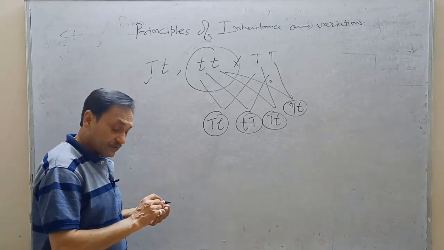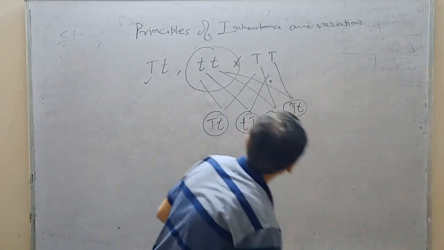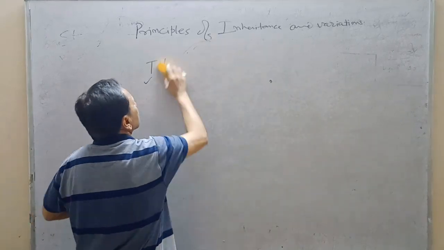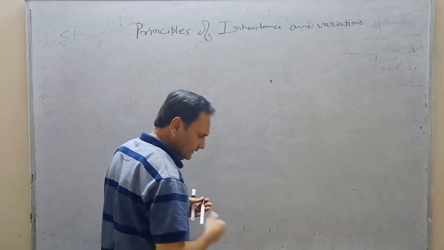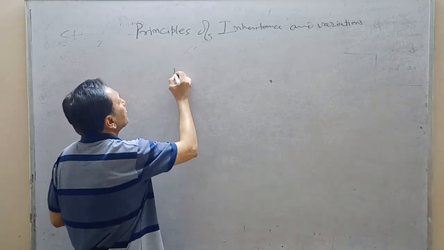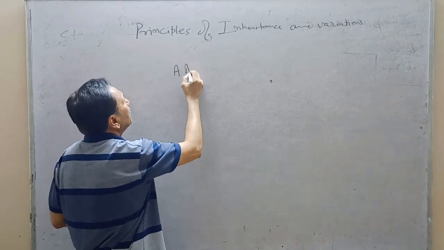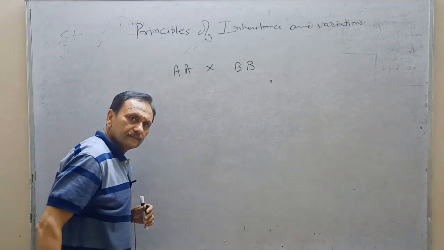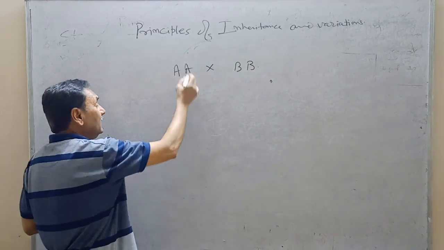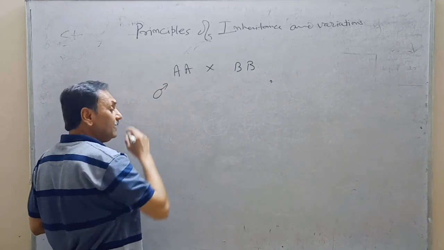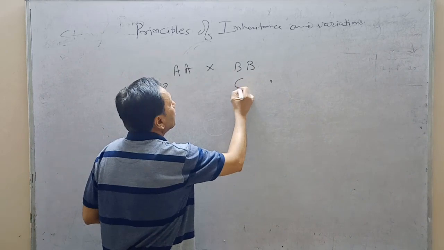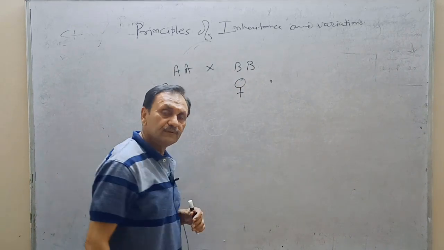But in the case of reciprocal cross, what happens? Suppose A is crossed with B, and the male part of A will be retained and the female part of B will be retained.